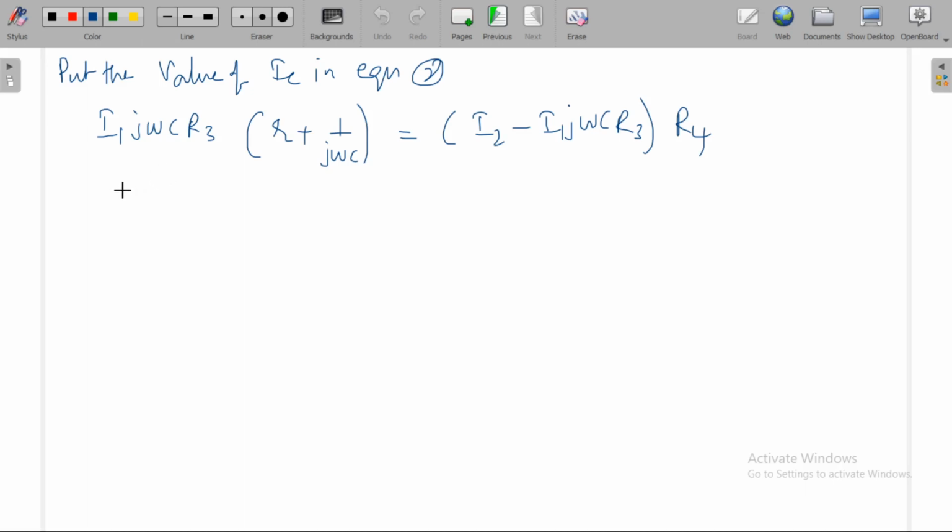Then I1 into j omega c R3 R plus R3, plus j omega c R3 R4 is equal to I2 R4.